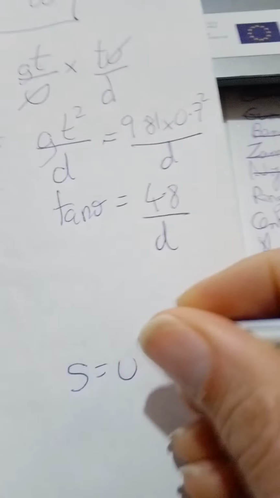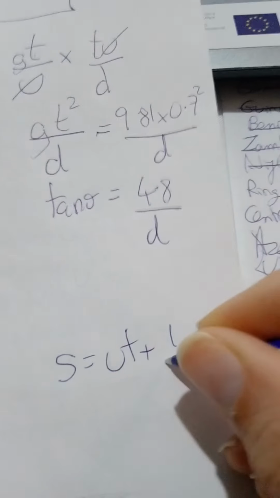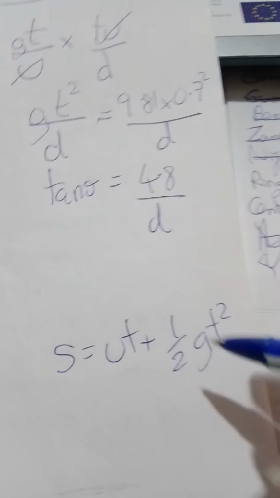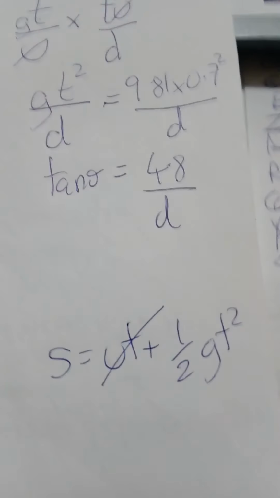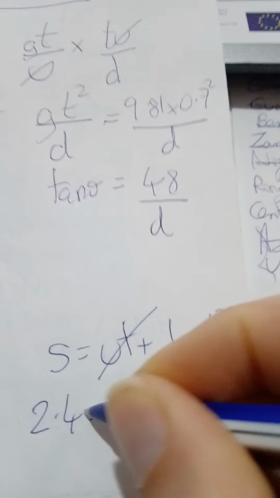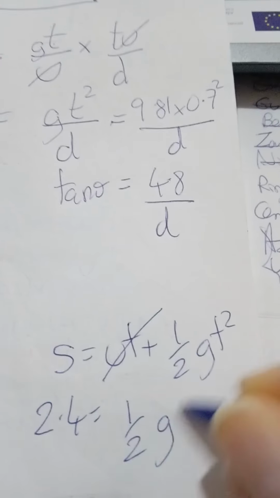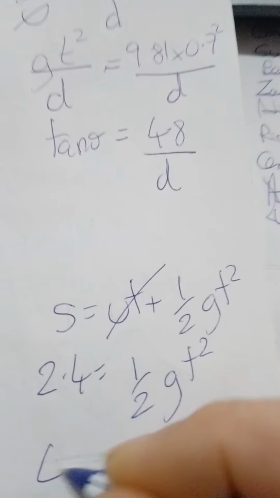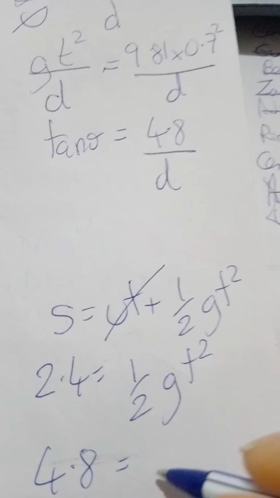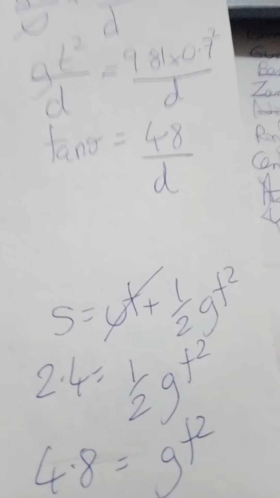Over here we can say also s is ut plus half gt squared. When you throw the object upwards, initial is going to be 0, distance 2.4, half gt squared. This goes at the top, it becomes 4.8 equals gt squared.